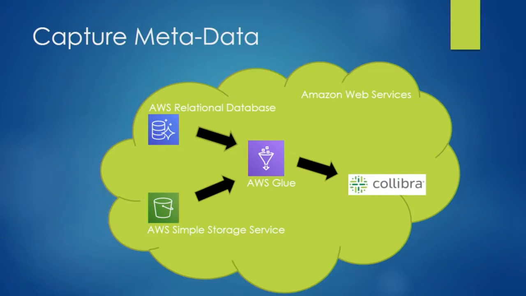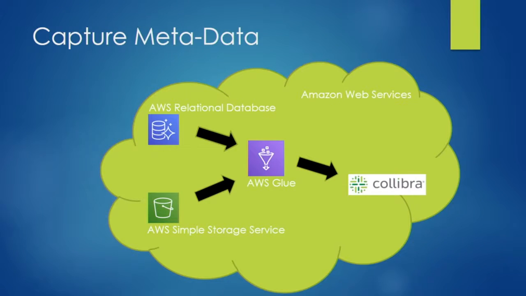And AWS has a system called AWS Glue. And AWS Glue has a component which will crawl that data and gather metadata about what type of data is coming in.